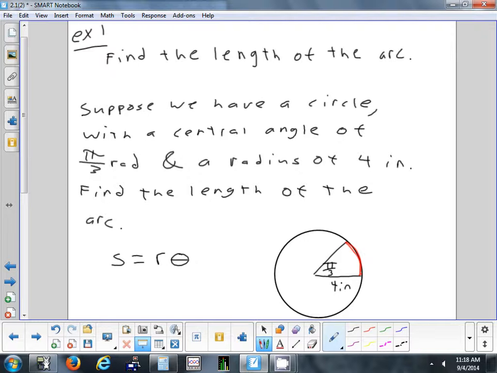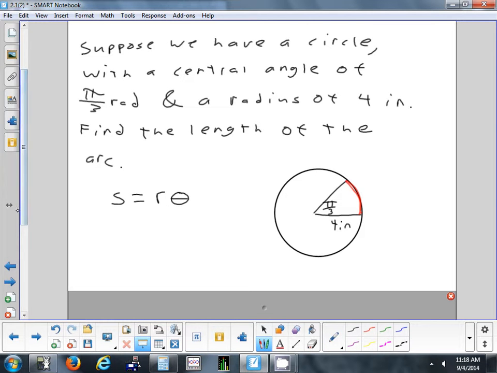So really all we need is the formula, S equals R theta. And we'll fill in what we know. Okay, we don't know S. That's what they're asking us to find, the length of the arc. Okay, but we do know R. Okay, Andrew, what's R in this case? 4.